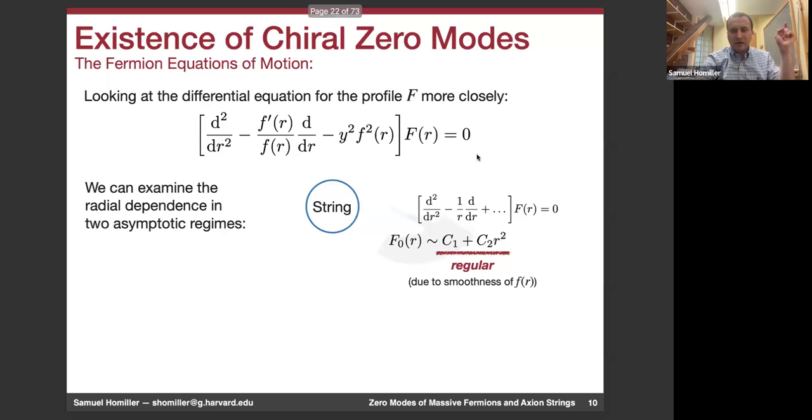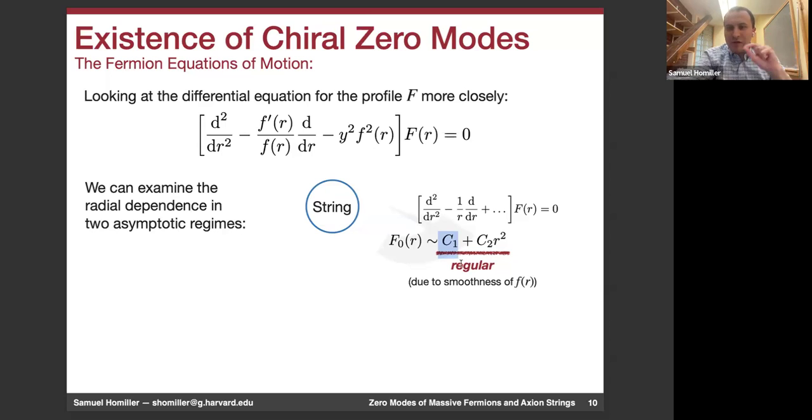So first, I look close to the origin. So near the core of the string, f goes to 0. And so then I can look at this differential equation and schematically, asymptotically, it has to just look like this. And this is a very, very simple, second order ordinary differential equation. It has 2 linearly independent solutions that have to just approach C1 and C2 R squared, right?